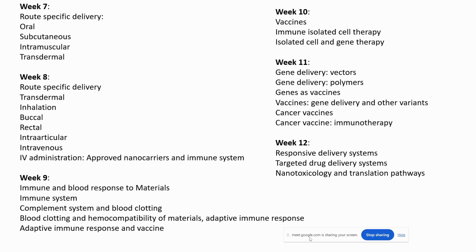Week 10 was mostly vaccines and immune isolated cell therapy, and week 11 was about gene delivery, different vectors, polymers, advantages and disadvantages of different carriers, and cancer vaccine. In the last week, responsive drug delivery systems, targeted drug delivery systems, as well as nanotoxicology and different translation pathways and practices used from the beginning till your product reaches the market.